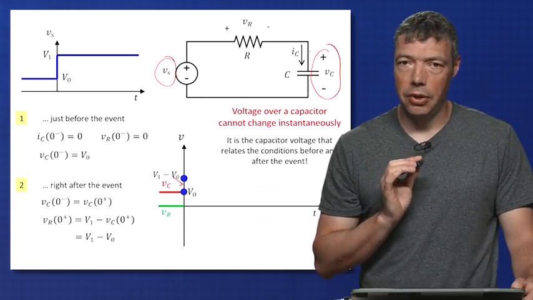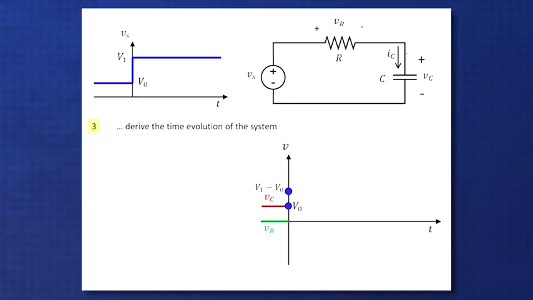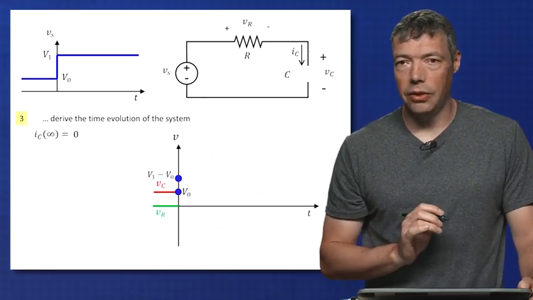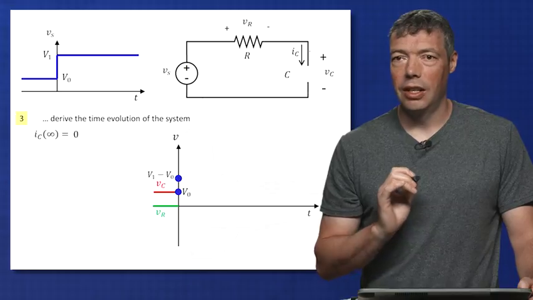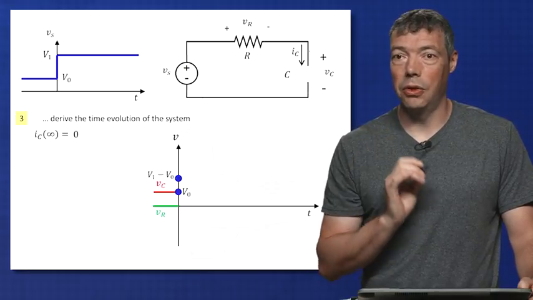Then the third step is, how does it go from there? To answer that, let's look at the situation after a really long time, when everything has settled. Nothing is changing anymore, so the capacitor behaves as an open circuit.